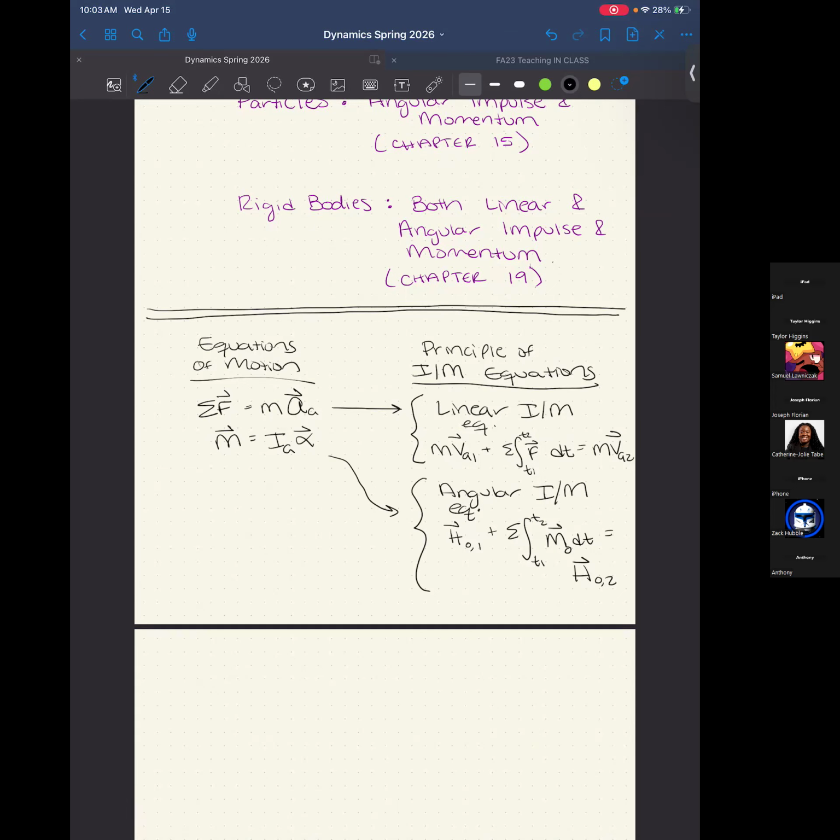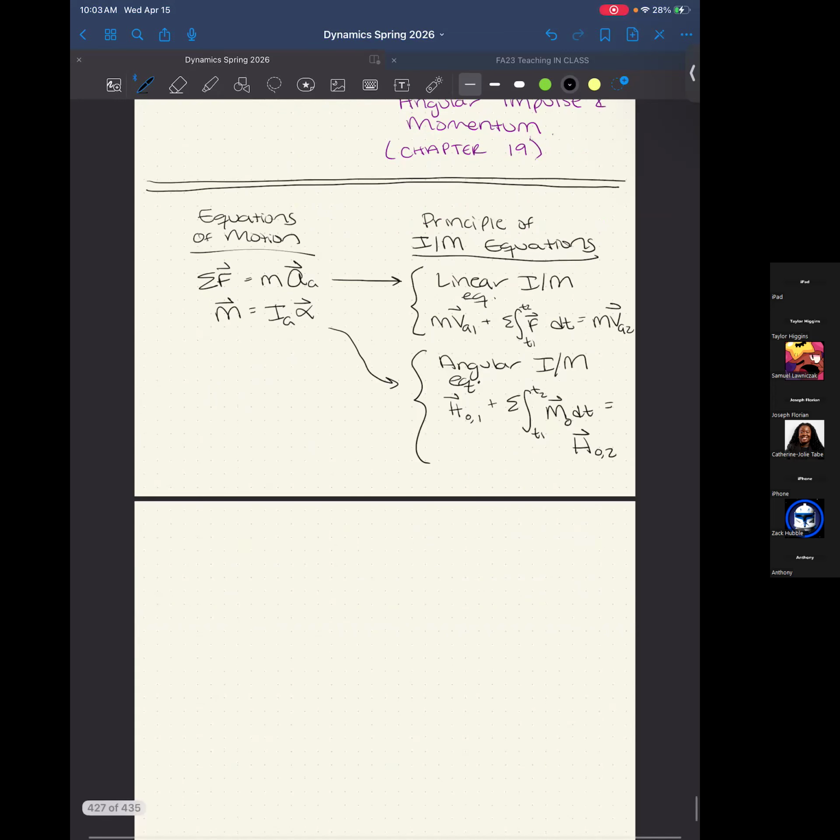But when we talked equations of motion, we also talked about how things simplify when we get to the 2D case. When we talk about the 2D case, we simplify down to forces in the X and the Y, and all our moments are naturally about the Z axis.